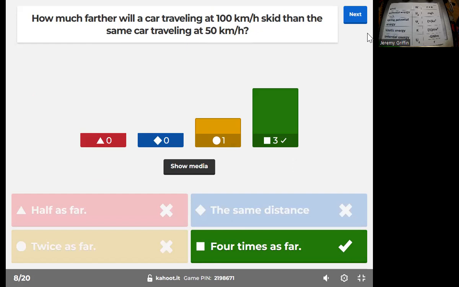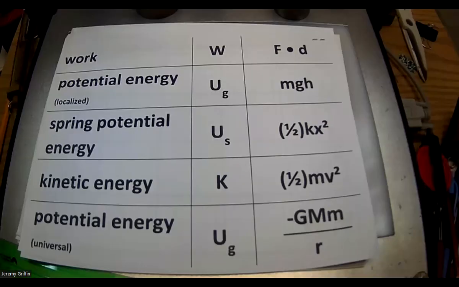Yeah, you guys do remember this. Yeah, 4 times as far. This is a really classic physics question. We should definitely review those. That's really awesome if you remember this stuff. If you double the speed of the car, it's 4 times the braking distance.